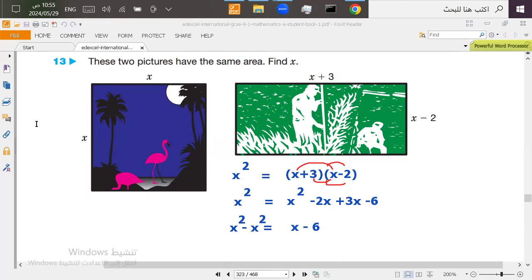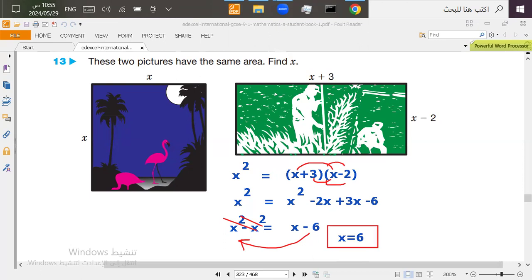Now x squared minus x squared will be 0. So both of these will be eliminated. Now we take the 6 to the other side to make it positive. So at the end, x will equal 6. And this is how you find the value of x using these expressions. So at the end, x equals 6, and this is the answer of question 13.